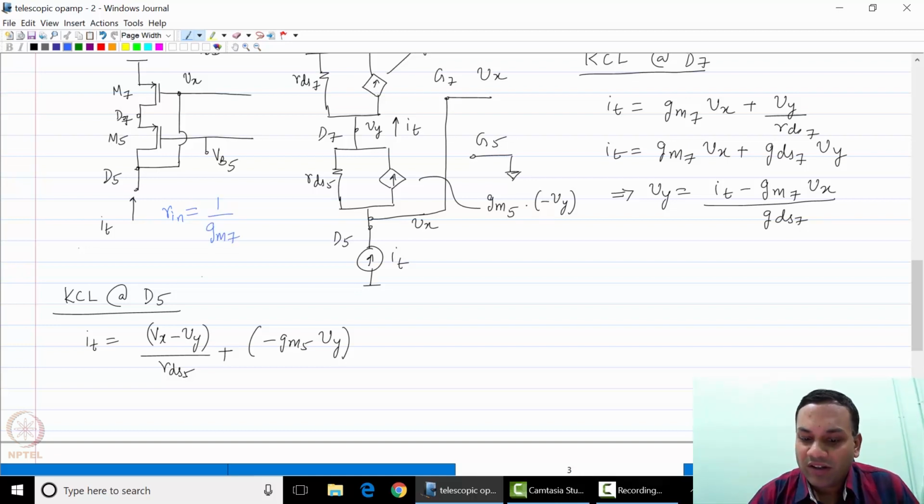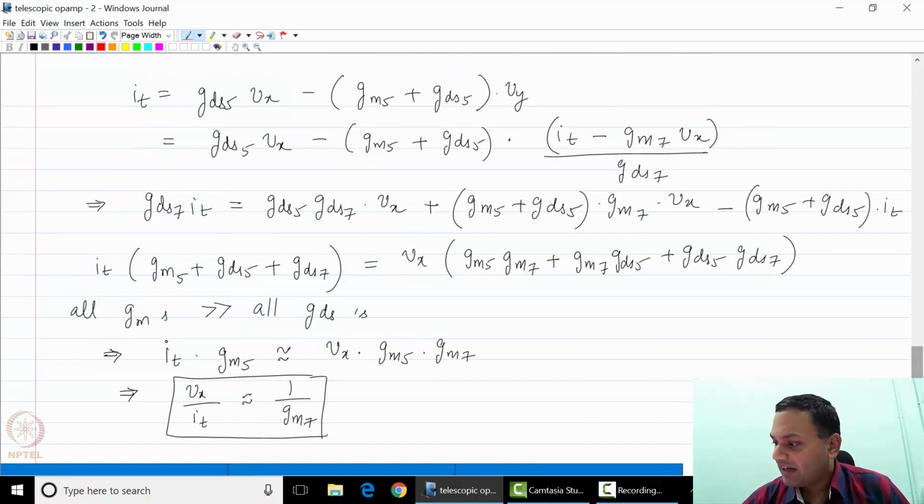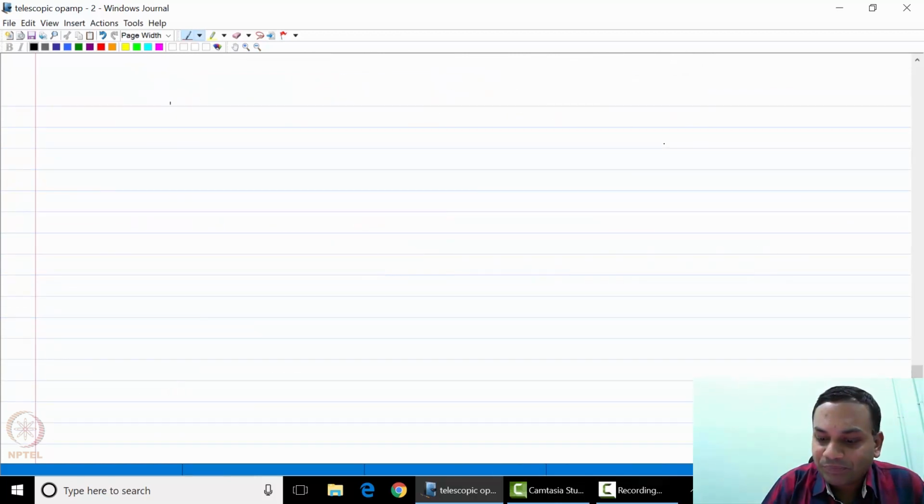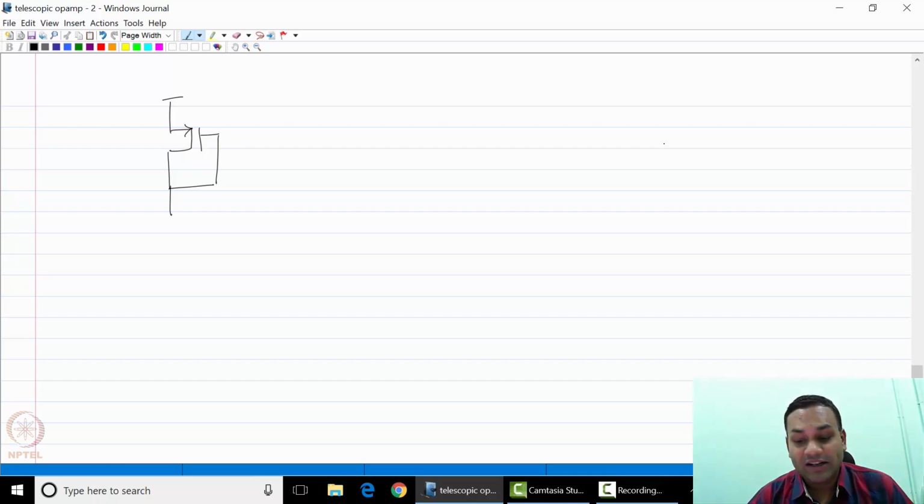gm7. Please note that this indicates that there is inherent feedback by connecting the drain of M5 to the gate of M7. This is very similar to taking a transistor and connecting its gate to its drain. The Rin for that is 1 over gm.